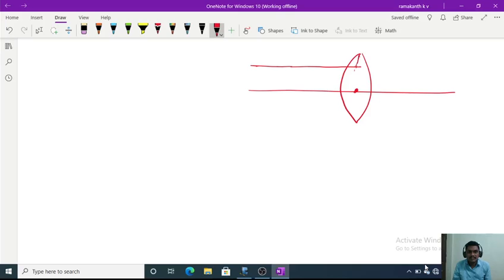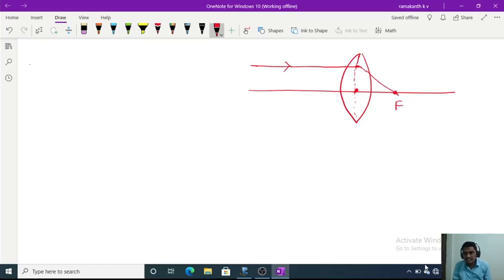Now I'm taking a symmetrical axis. I'm representing the bending of this light ray from this symmetrical axis only, but actually the light ray bends at these two surfaces. For my convenience, I'm representing the bending from this symmetrical axis, and the light bends and reaches a point on the principal axis. This is the focus.